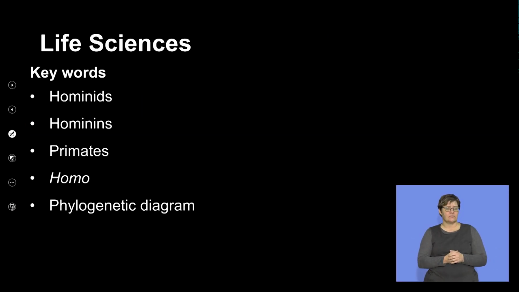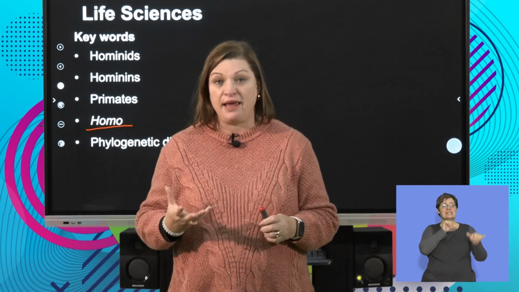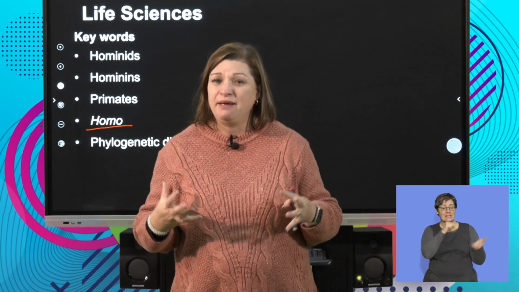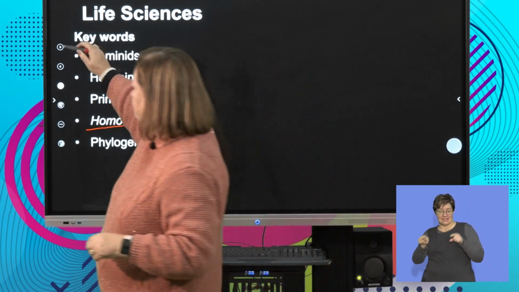As I said, guys, a lot of big terminology. And remember, whenever we use a word in italics, it's about its scientific name. A scientific name always has two names, the genus and the species. But let's get on to that.